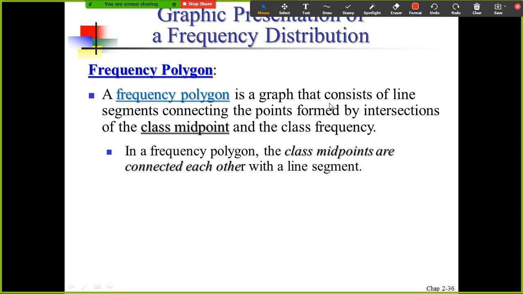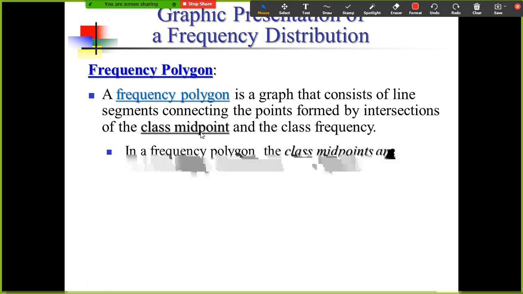So frequency polygon is different from histogram. What is the difference? The difference is that a histogram uses class on horizontal and class frequency on vertical, but a frequency polygon does not use class, it uses class midpoint. Okay, so this is a little bit different from histogram.